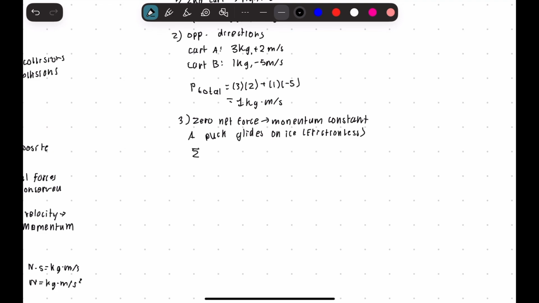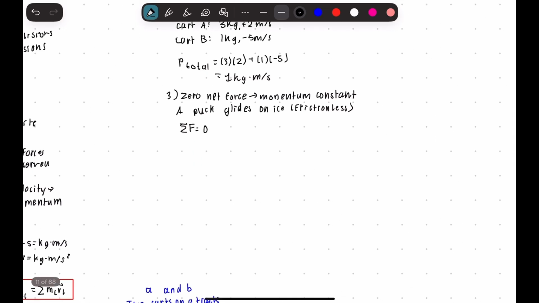And that means that since the summation of the forces is equal to 0, dP divided by dt is going to be equal to 0. Therefore, the momentum is going to be constant, not necessarily 0, but regardless of motion, you know that it will stay constant.